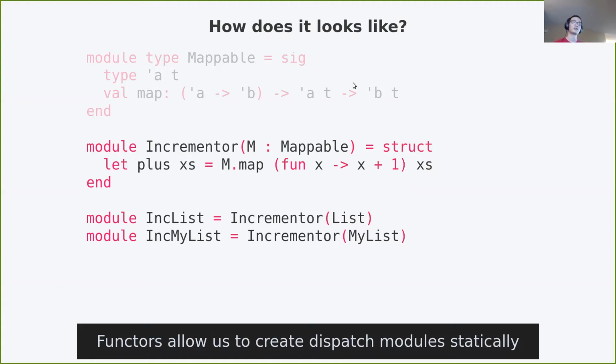The way to think of it is a higher order module that takes a module and adds additional generic functionality to it. In this case, we add an increment function, and just add 1 to all the elements inside this list. Then we can explicitly instantiate this incrementer into IntList and also the incrementer of my list. Then we can just use it normally.